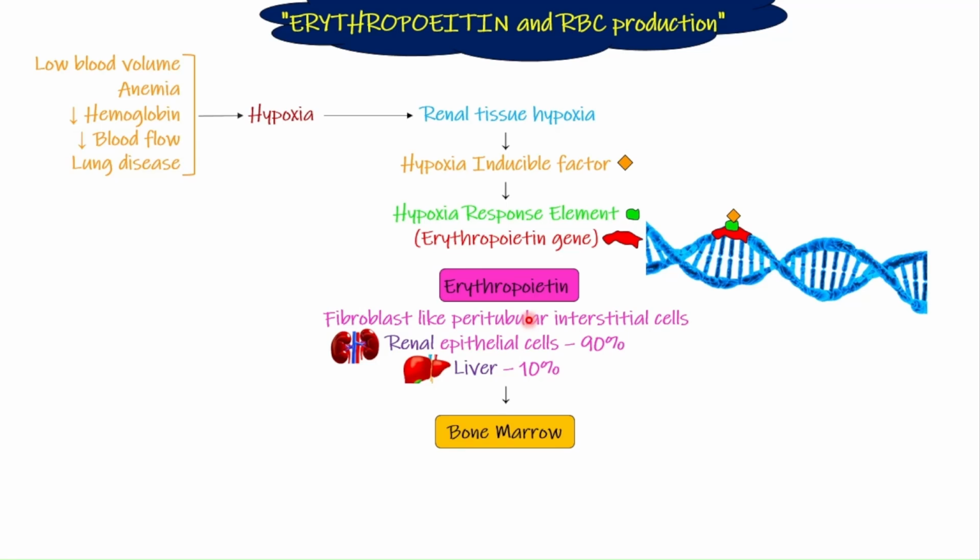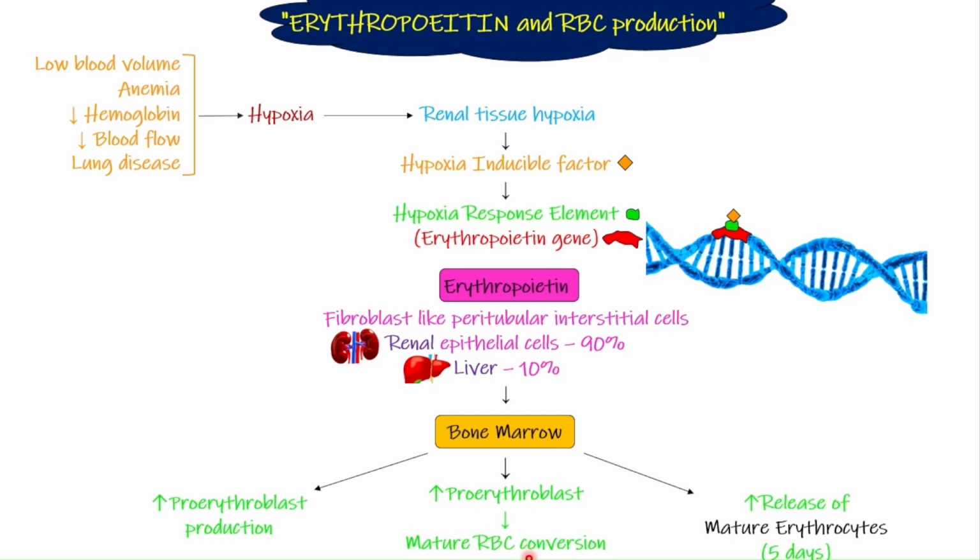This erythropoietin will then act on the bone marrow, and by acting on the bone marrow, this will lead to an increased production of the proerythroblasts, the first stage of erythropoiesis, and the increased conversion of these erythroblasts into mature red blood cells, and finally the increased release of the erythrocytes.